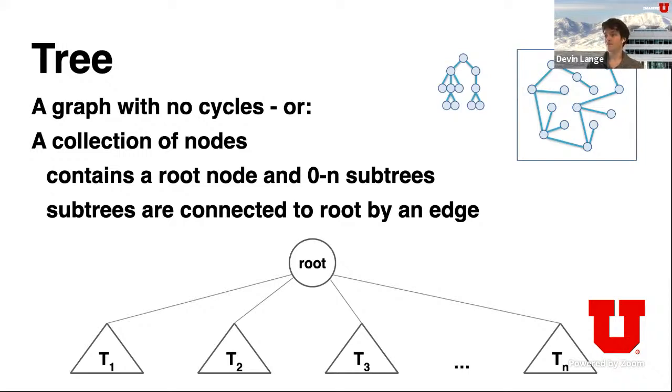So you have a root and then it just descends downwards and there's no way to loop around here. You can also think of trees recursively, where you have your root node and then a list of children, and each child is itself a tree data structure.